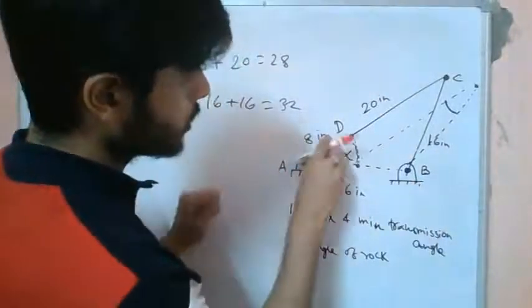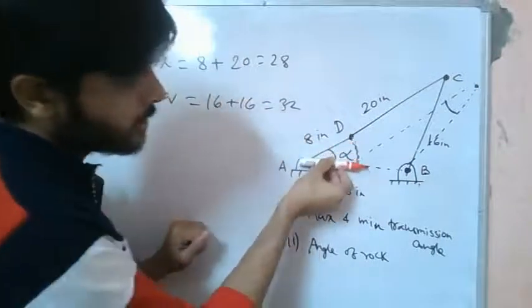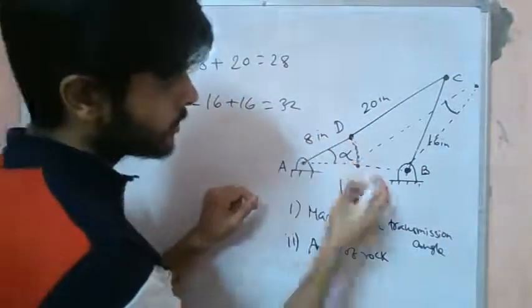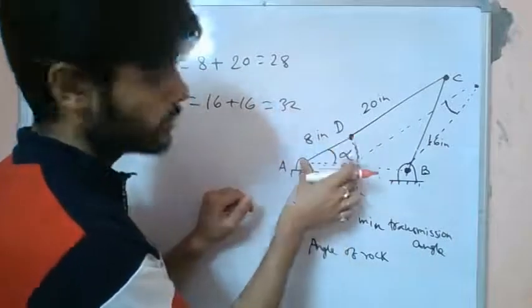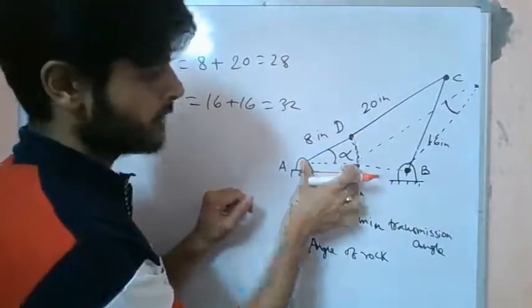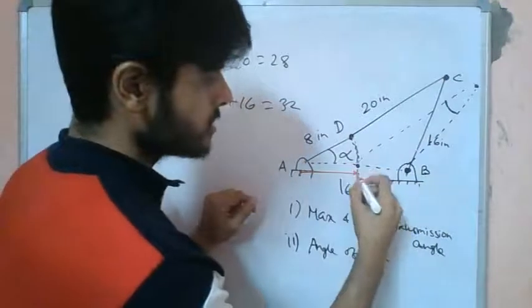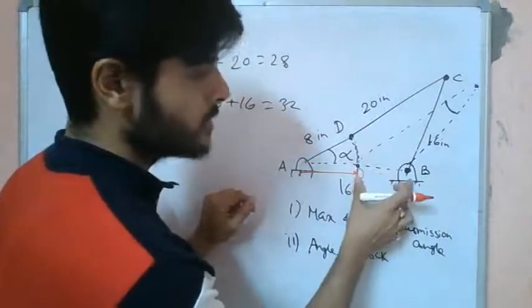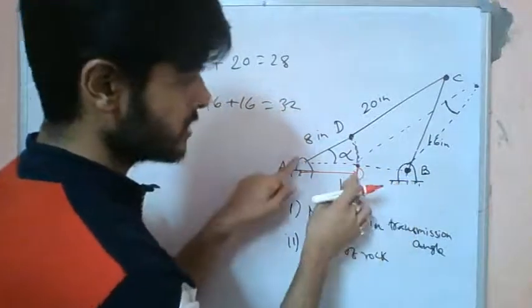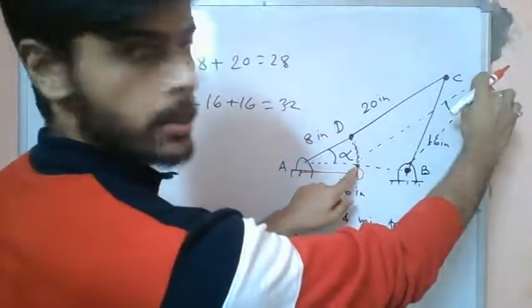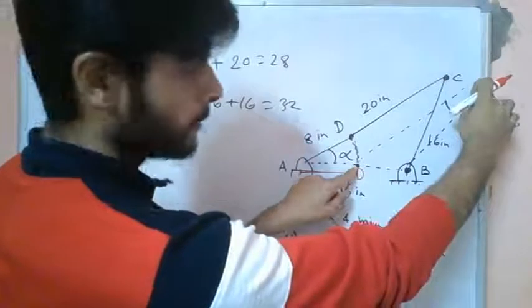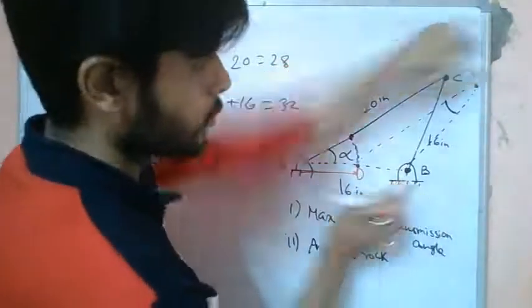When this crank rotates and comes over here, this part will be 8. This is the crank length, which will not change. So this distance, let's say D point, this DB is 8. Total is 16, this is 8, so this is also 8. This is the coupler length, CD, which will be 20, and this is the BC, output link.